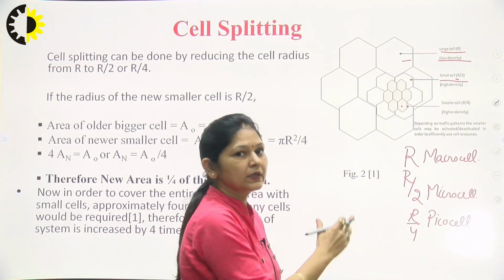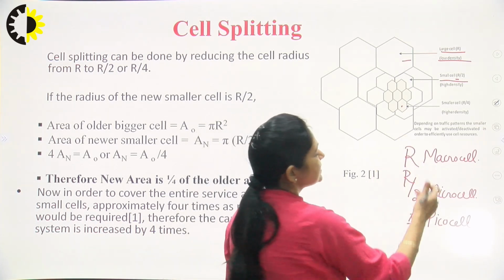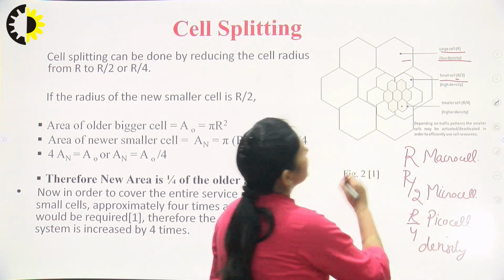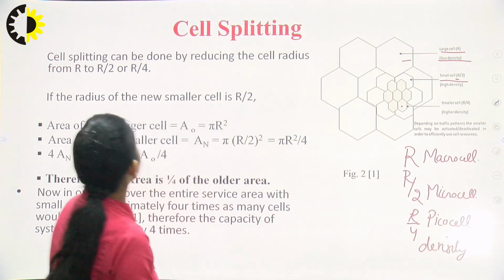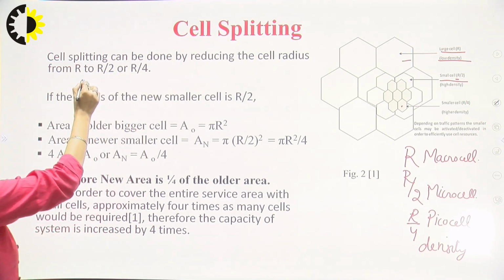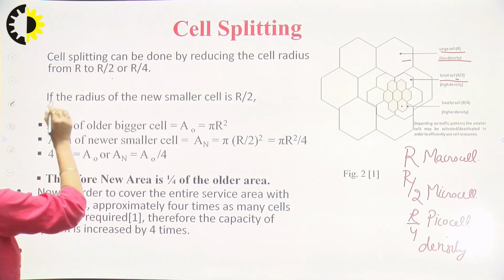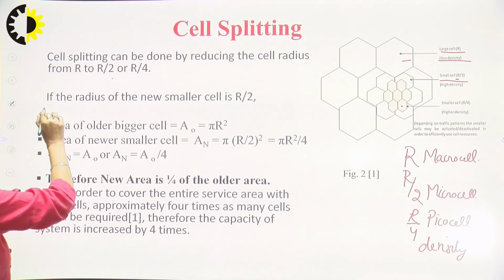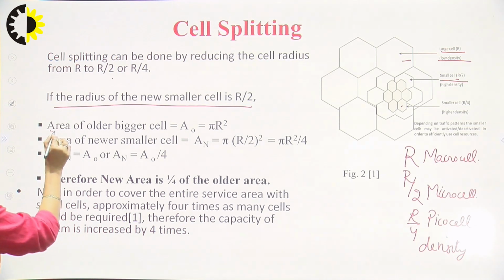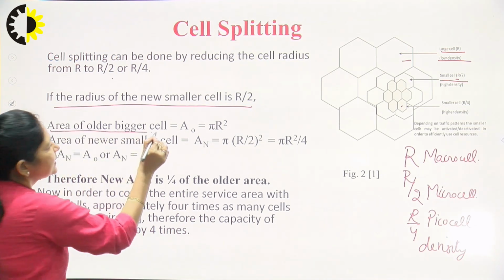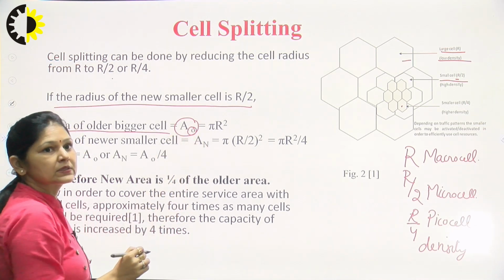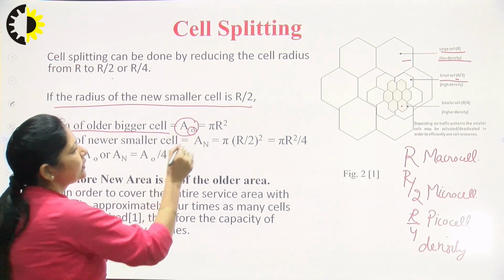Here we are considering different areas on the basis of density of users. Cell splitting can be done by reducing the cell radius from r to r by 2 or r by 4. If the radius of the new smaller cell is r by 2, the area of the older bigger cell is denoted by A_o, where o suggests the older cell.